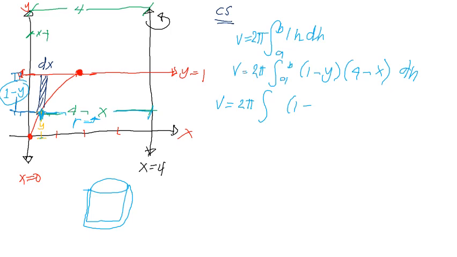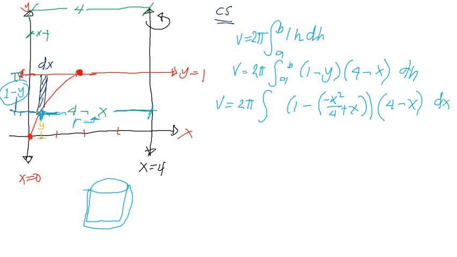So you have y is equal to the quantity negative x squared all over 4 plus x, right? That's the value of y, quantity, times 4 minus x. Simply put it as x, dx.